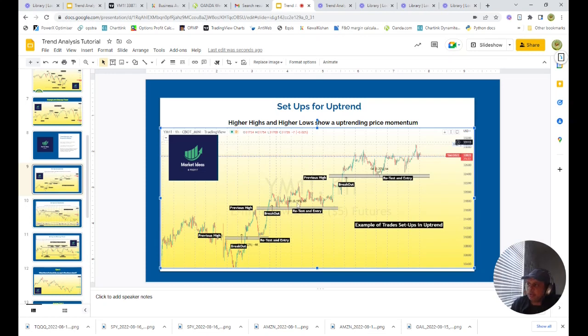You let it rise, and as it rises, you book your profits at the next expected high. When that swing high is broken, you again use that swing high as the next level where you can enter on its retest, and you enter again and expect that the price will bounce from there, and then you try to book out at the next resistance. This is the way an uptrend is traded.